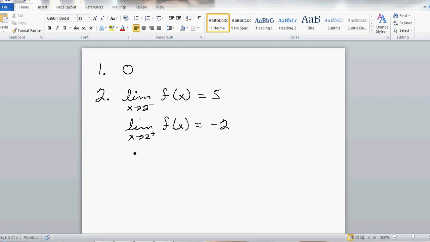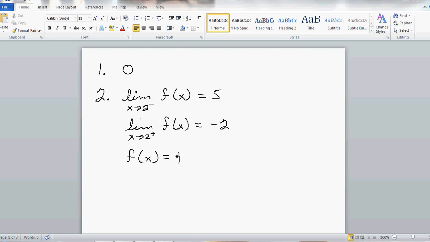So here's a fairly succinct example. f of 2 is equal to 1. But the limit as x approaches 2 from the left of f of x is equal to 5, and the limit as x approaches 2 from the right is negative 2.